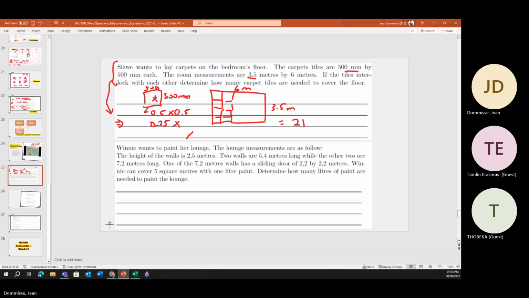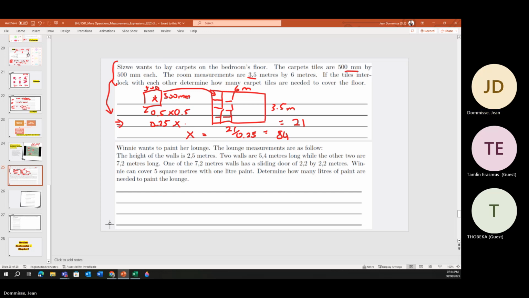So how many tiles do we need? 21 divided by the 0.25, which is then equal to 84 tiles.